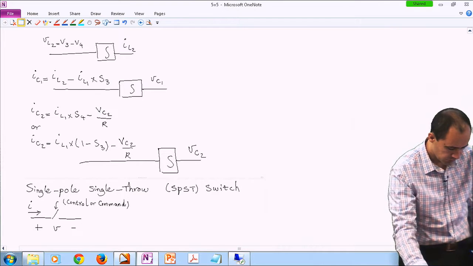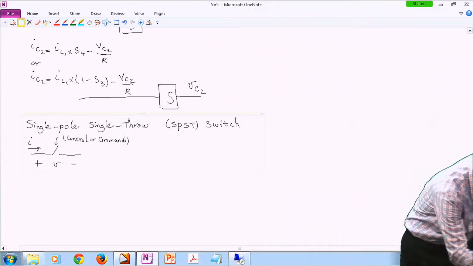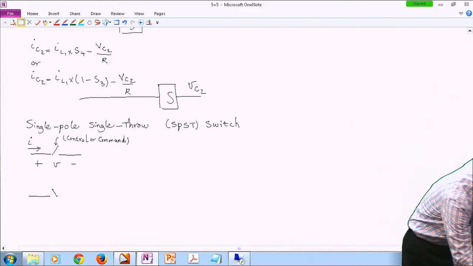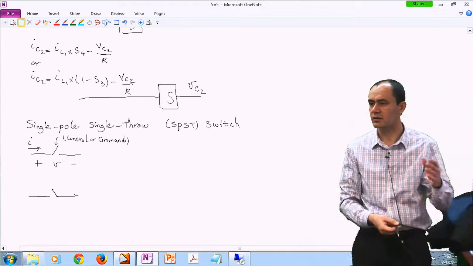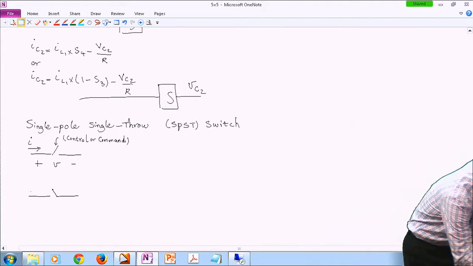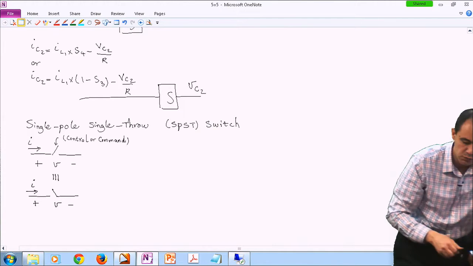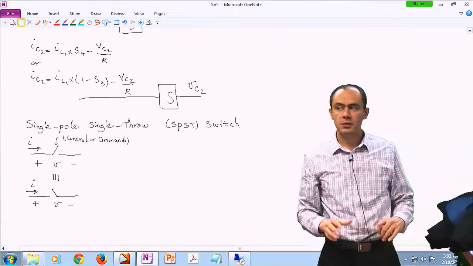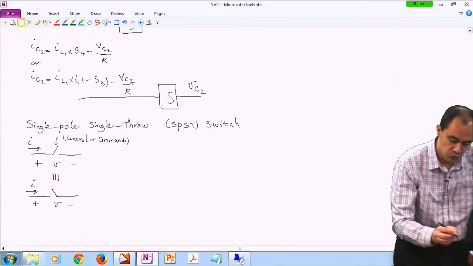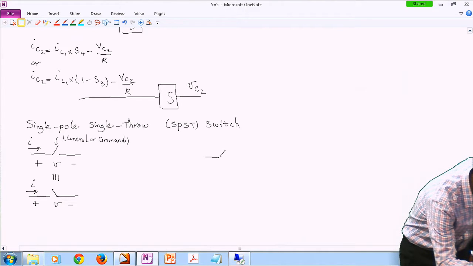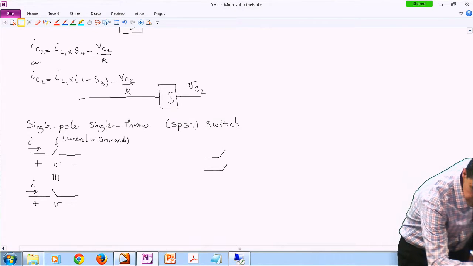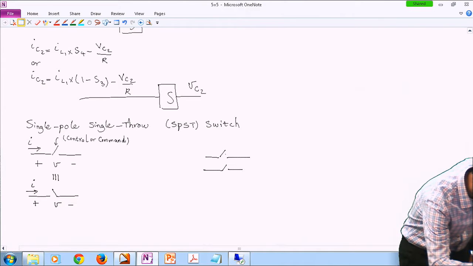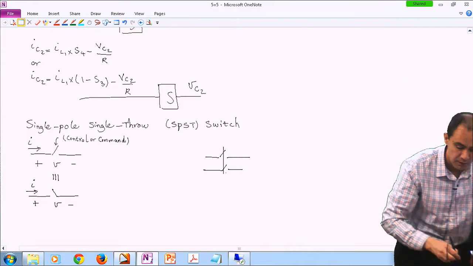All right, something like that. And please note that as far as this class is concerned, these two switches are identical. It doesn't really matter how it is drawn. It's the same thing. So we are assuming that these are identical. All right, so if you are curious about what other kinds of switches we have, for instance, we may have a switch like this, and they are controlled together.